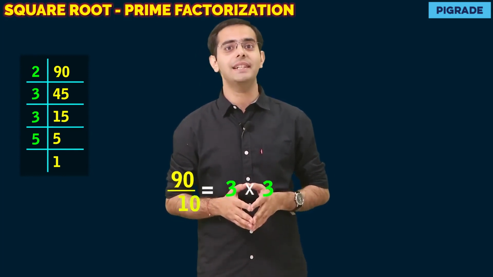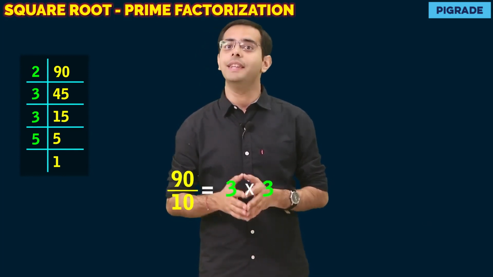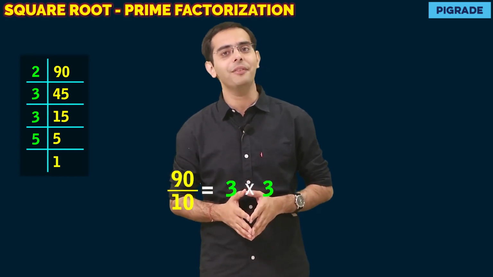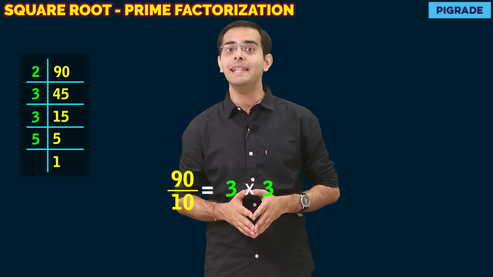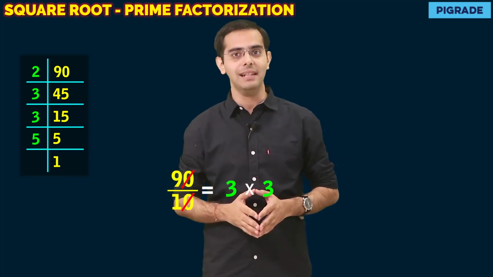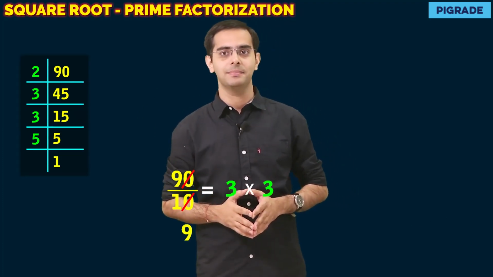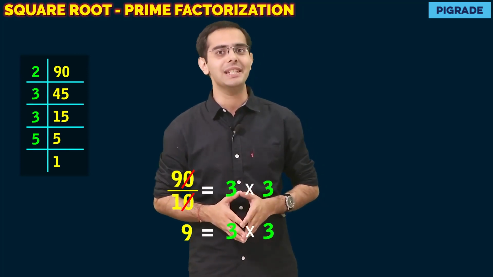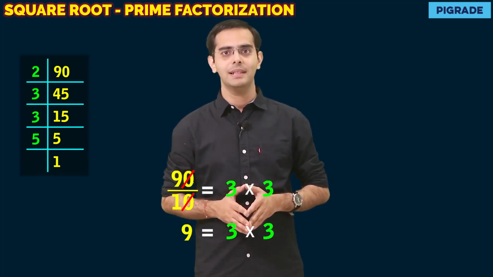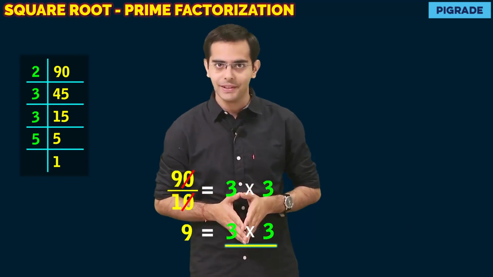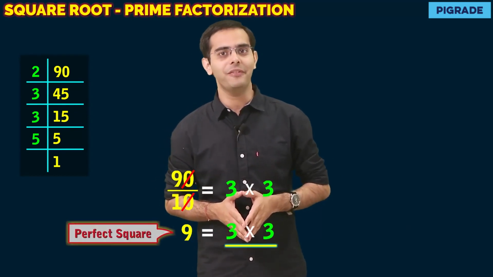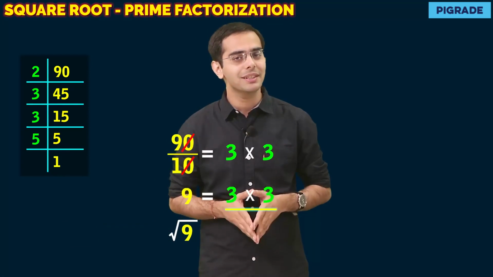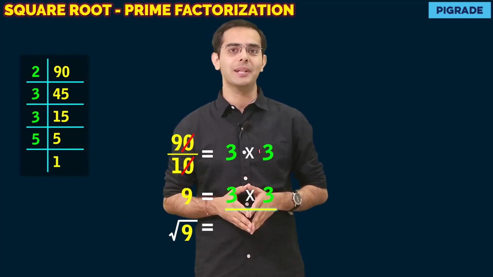So if we divide the given number by 10, then also we get a perfect square. So here 90, when it is divided by 10, gives us 9, and its prime factorization is now equal to 3 into 3. Since the prime factor is in pair, 9 is a perfect square. And what's its square root? Yes, its square root is 3.